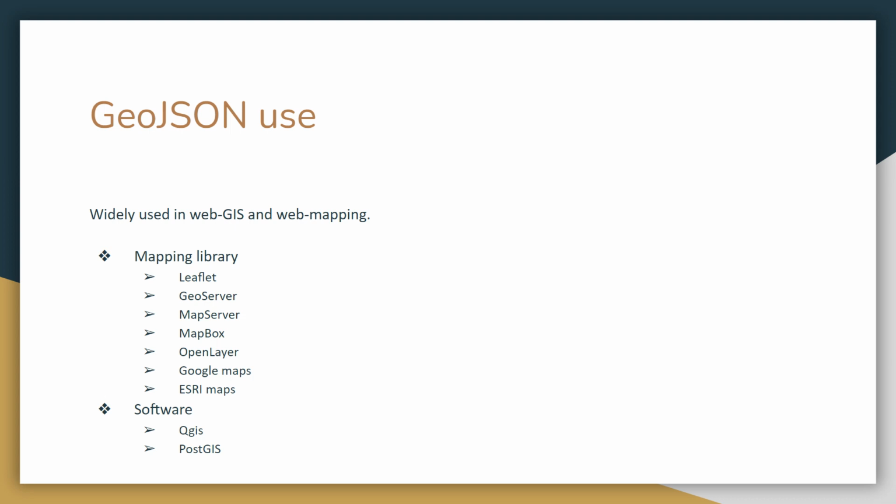And for software, I list out here only two, QGIS and PostGIS, which use GeoJSON widely, and then we can store our data, or visualize our data and then process it, and do some operations. So these are the main software and mapping libraries which use GeoJSON.